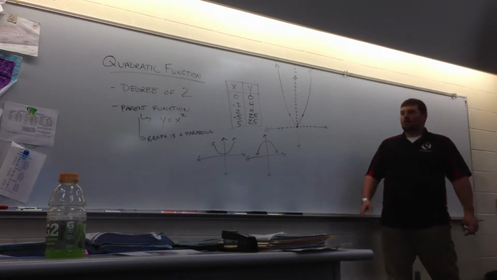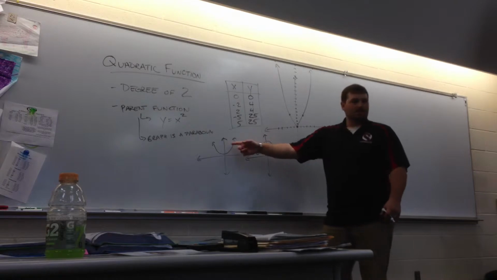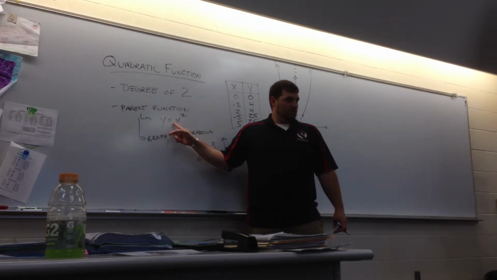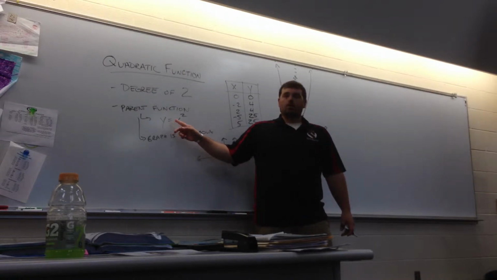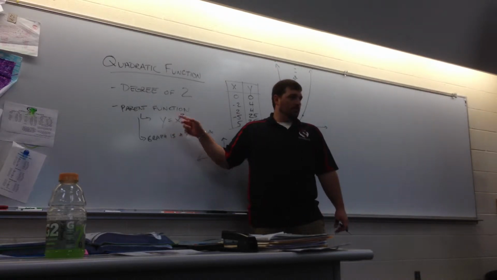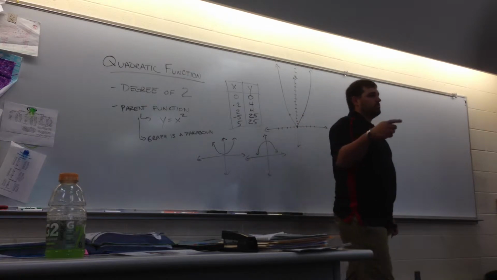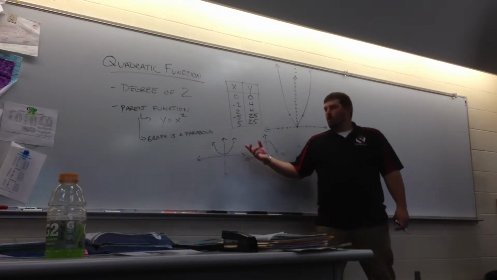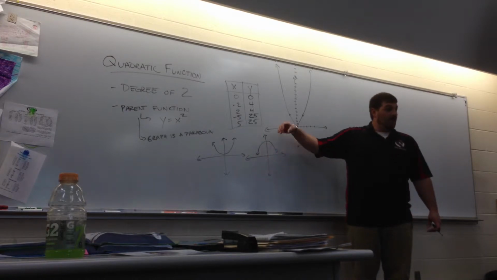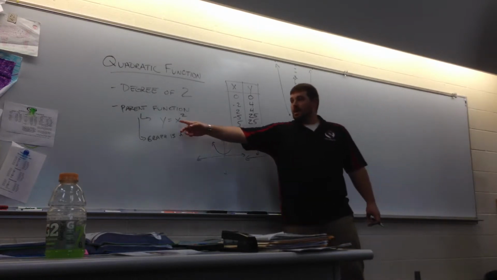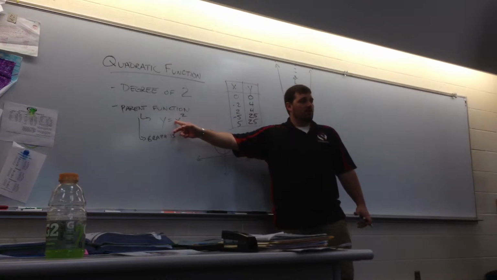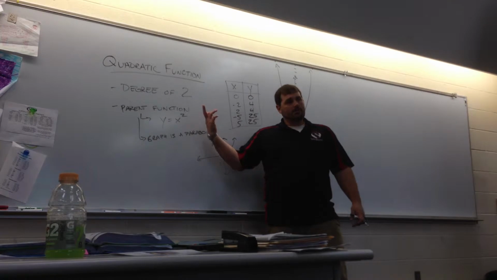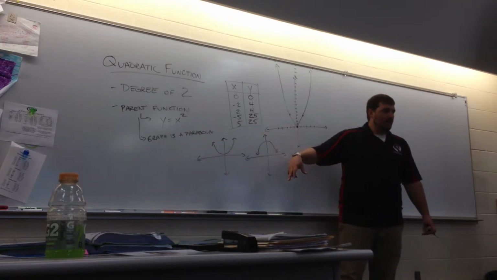The ones that go up have positive coefficients here. In other words, the a value for y equals ax squared plus bx plus c is greater than 0. When the parabolas go down, that's because the a value, or the coefficient of the x squared term, is negative. So if it's positive, it points up, and if it's negative, it's pointing down.